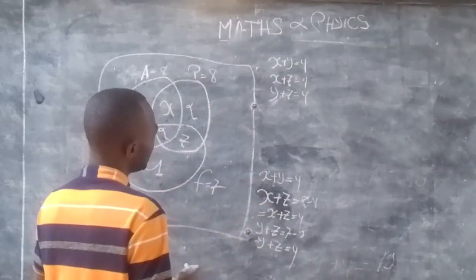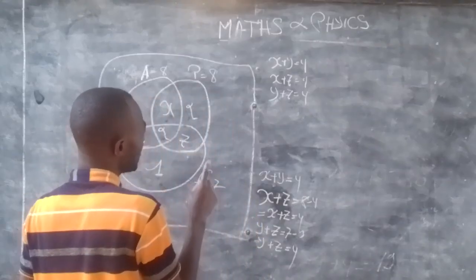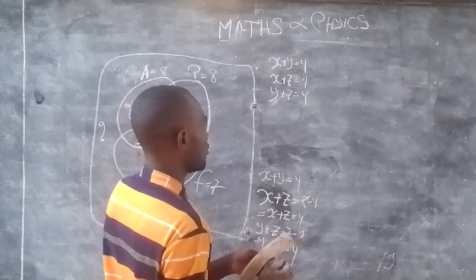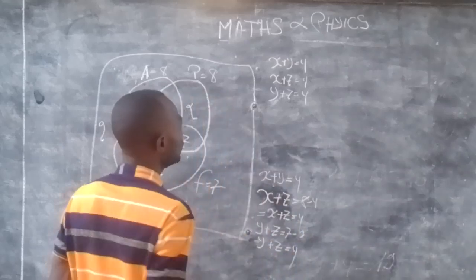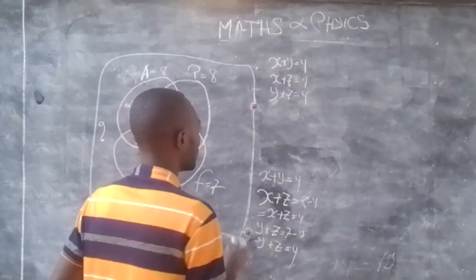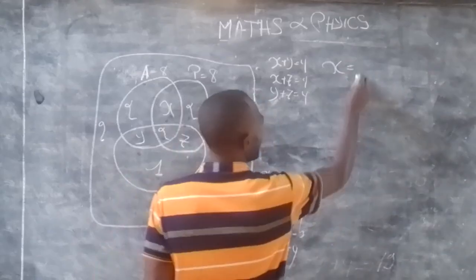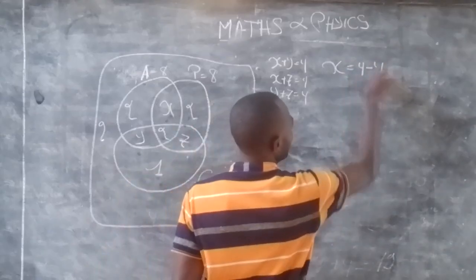Let's take equation 1 and make x the subject of the equation. So here we have x equal to 4 minus y.